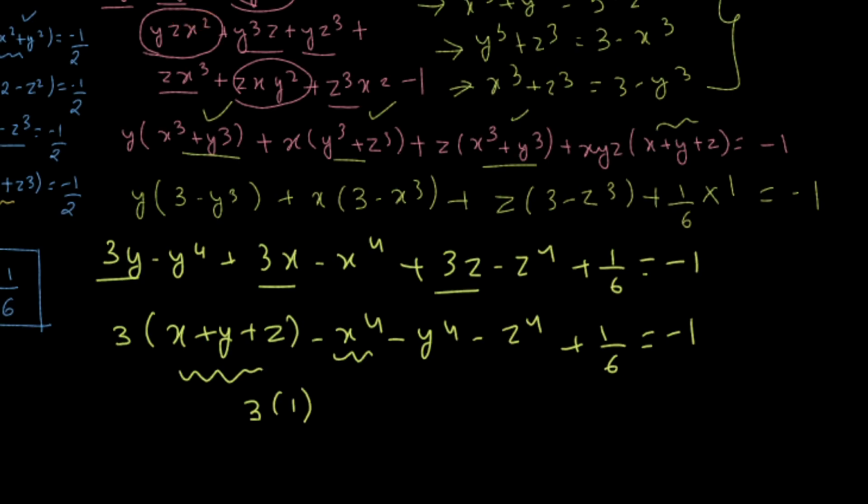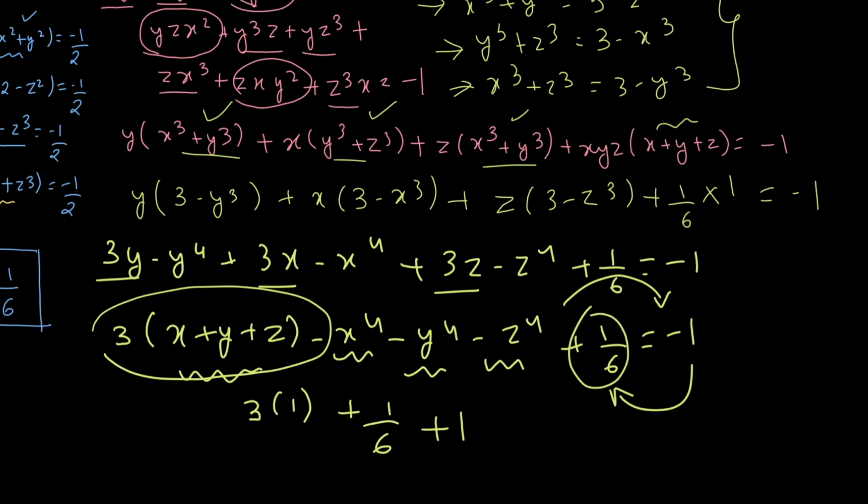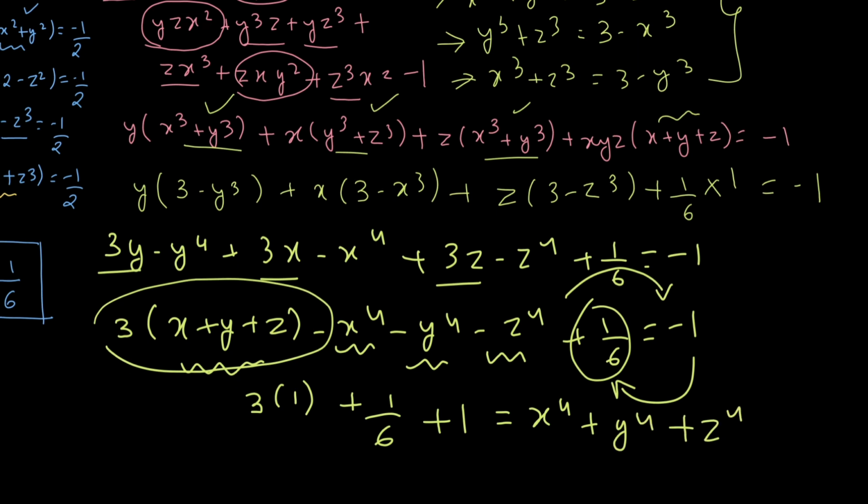Now this x to the power 4, y to the power 4 and z to the power 4, all three of them are negative. So I can just take them on the other side and bring -1 from that side over here. So 3 into 1, that was this particular term, plus 1 upon 6, that is over here, plus 1 that we brought from the other side is equal to x to the power 4 plus y to the power 4 plus z to the power 4.